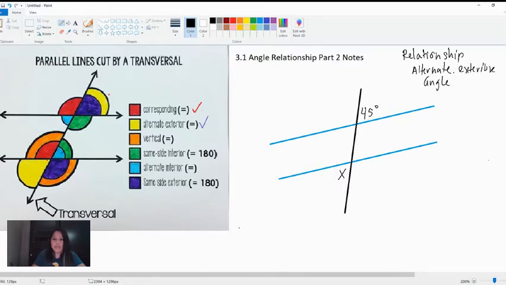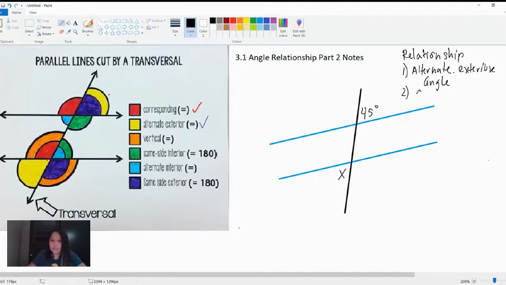And if I am able to identify it, then I can tell whether it is equal, or if it is equal to 180 degrees. So look at my chart, alternate exterior angles are equal. So I'm going to make sure I write that.